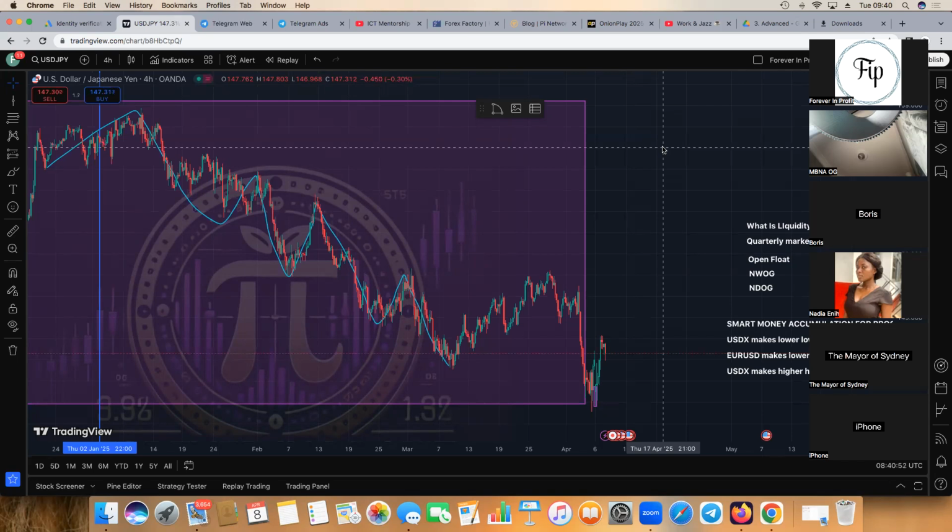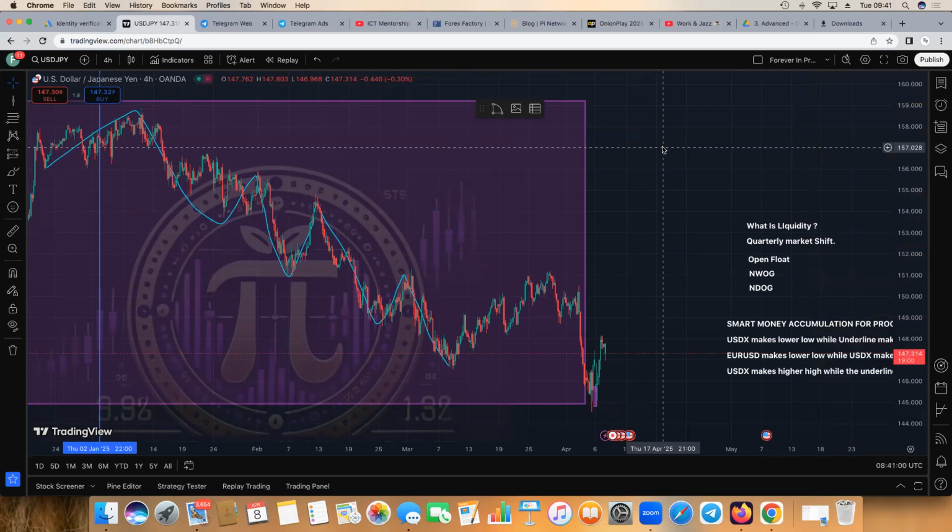It is inversely correlated with the CAD, JPY. But most of the time, the pairs that start with USD follow the dollar index as well. Most of the pairs that start with the USD are correlated with the dollar index.